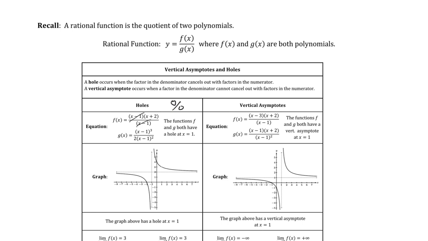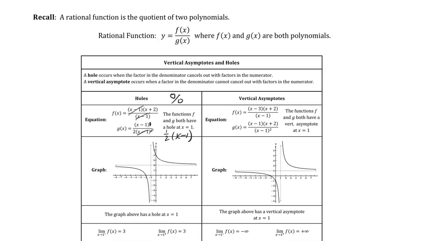On g of x, 2 of my x plus 1s would cross out with 2 of my x minus 1s on top, leaving 1. And we could rewrite this one if we wanted to, 1 over 2 times x minus 1, right? So the original function would also create a 0 over 0.